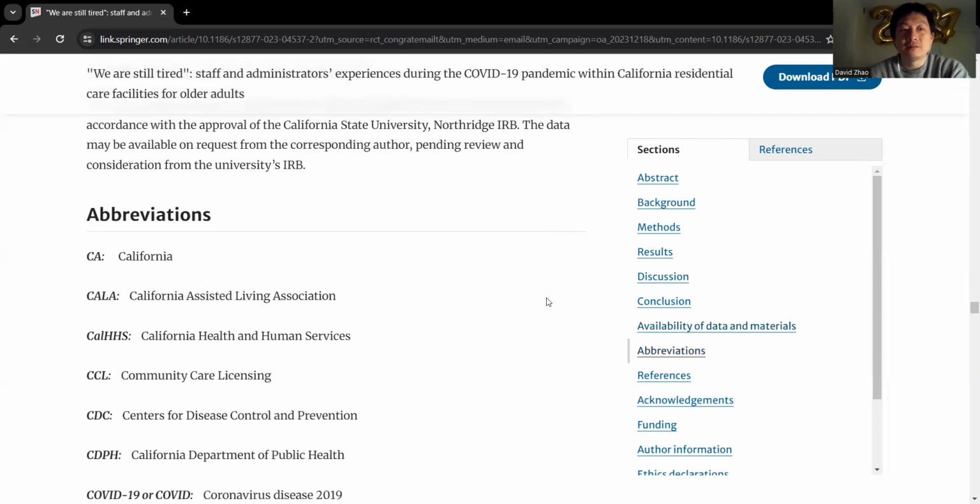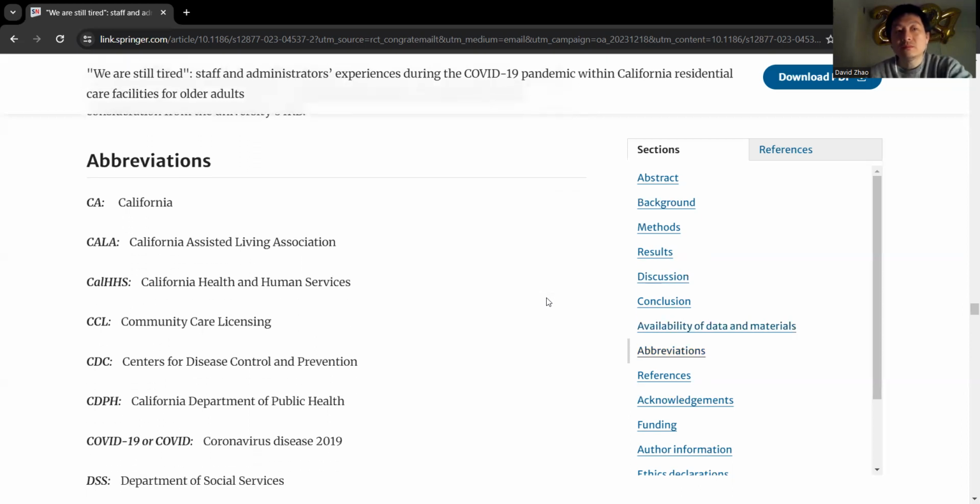And then the abbreviation section is where you would find acronyms. A lot of times we don't really know what they mean, but they appeared in the paper. Of course, usually we would spell out the full name first, and then the second time we come across the same acronym, we would just use the abbreviations.